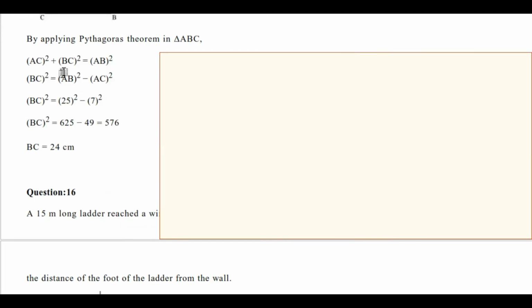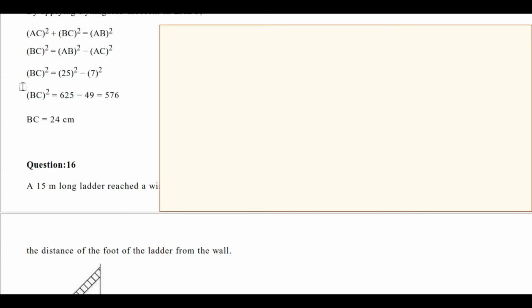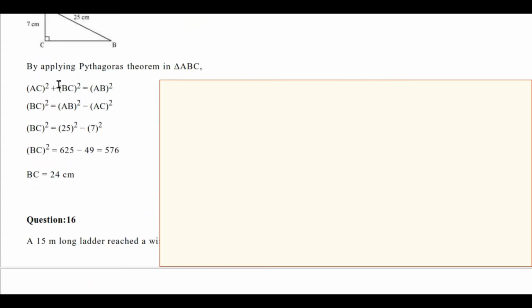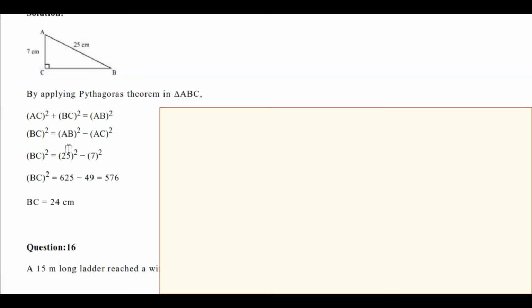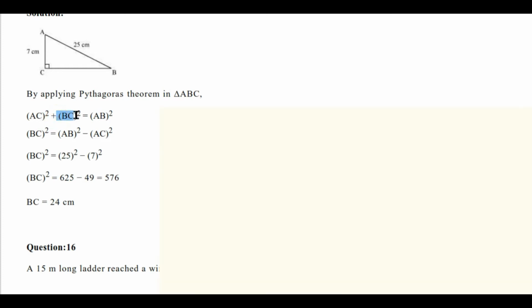See, AC square plus BC square equals AB square. Here we need to calculate BC. So for calculating BC, you will transpose AC square to the right hand side, and when it goes to the right hand side, from positive it will change into negative.